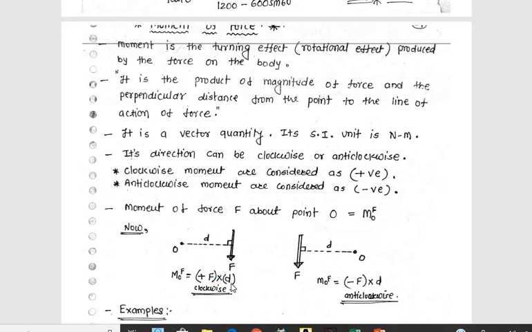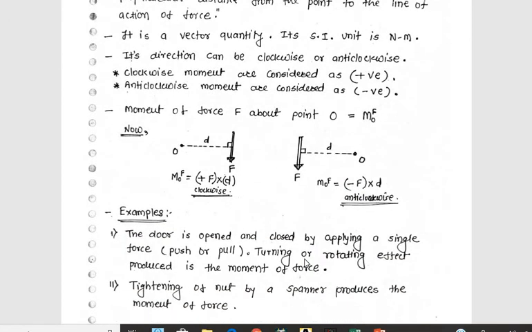Similarly, if O is here and the force is acting on the left side of the point, then the moment of force F about O is equal to minus F into d, anti-clockwise.